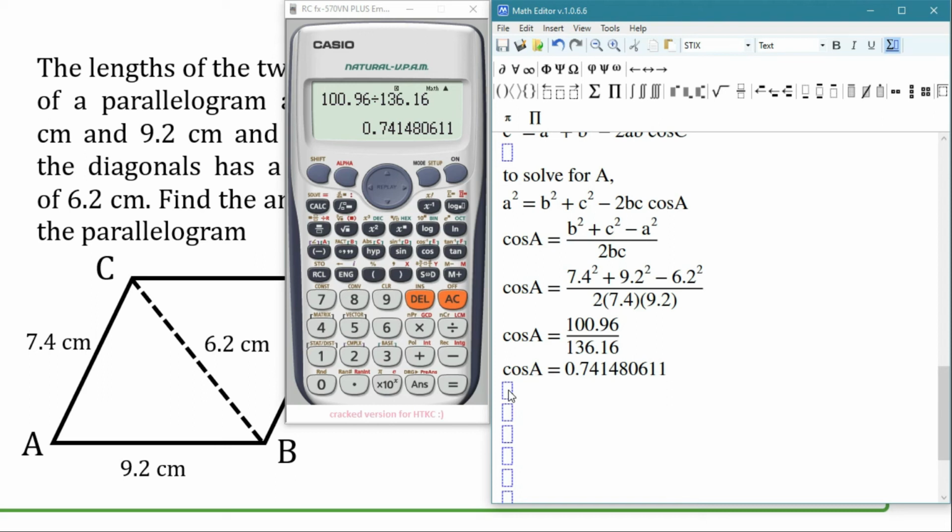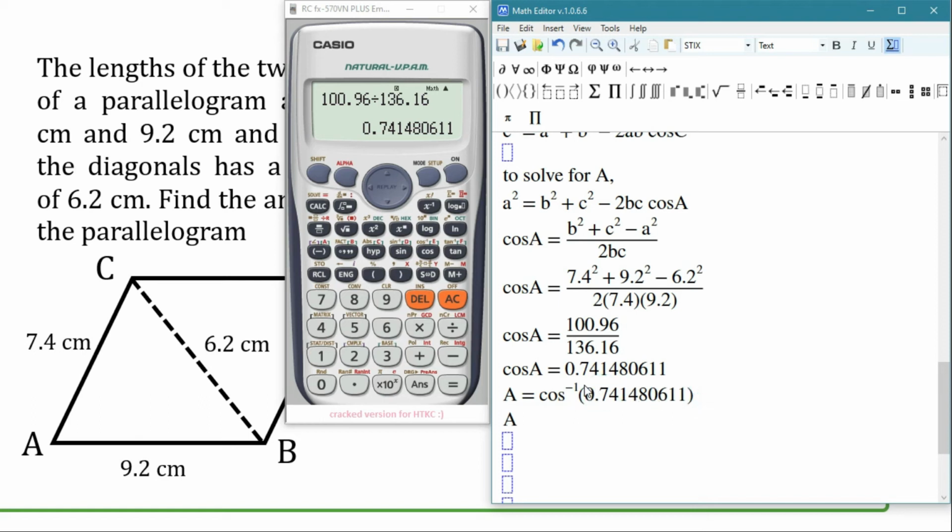What we're going to do is to apply the inverse trigonometric function. So A would be equivalent to what? A equals cosine raised to negative 1 of the value, which is this one. Okay.